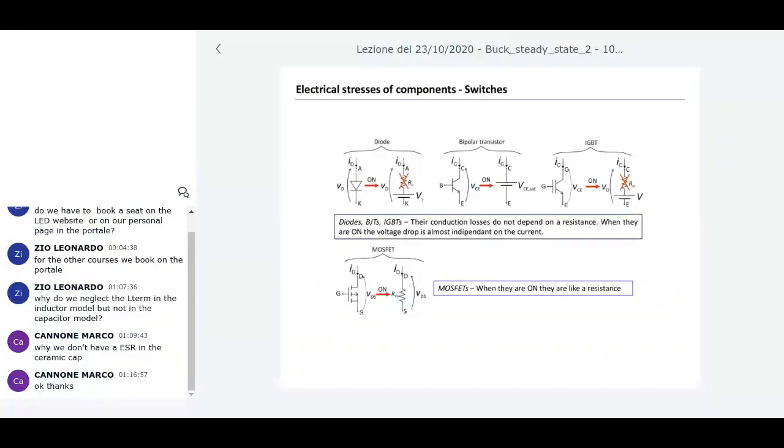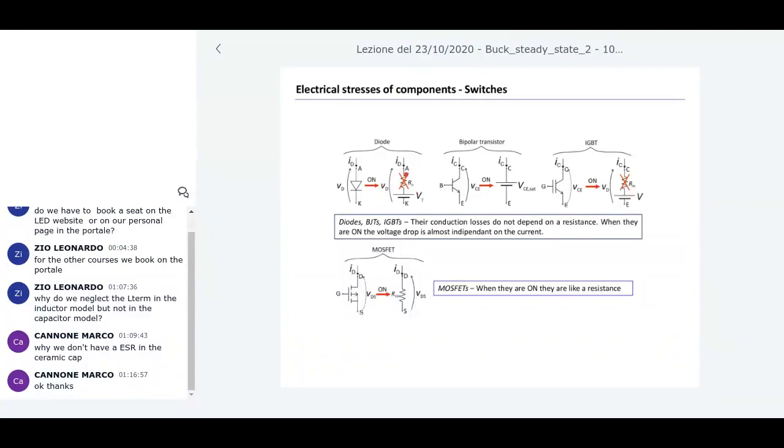This slide shows you some basic information that you should already know about what happens when these devices are in full conduction, when they are on, like on switches. So when I command it to be closed, for example, the diode can be represented by the forward voltage drop.